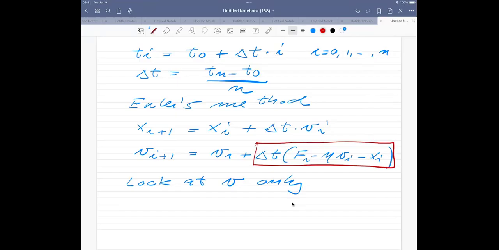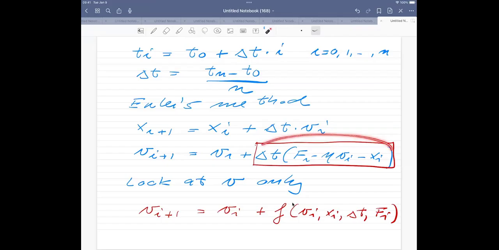So I can rewrite my v of i plus 1 here as a v of i plus some function f, which depends on v of i. It depends on x of i. It depends on delta t, and it depends on f of i. So f is now just some function, which in our case is actually what we have here. But just think of this as a function.